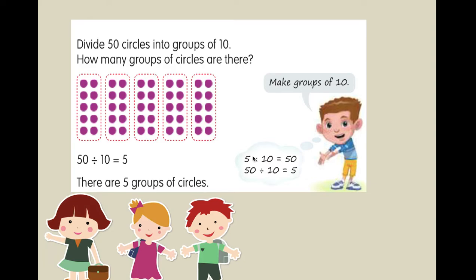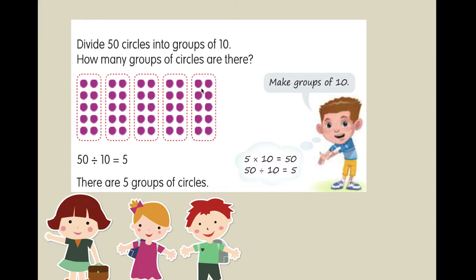You are going to first show adding and then sharing. That is, there are 5 groups, and in each group there are 10 circles. 1, 2, 3, 4, 5, 6, 7, 8, 9, 10. So there are 1, 2, 3, 4, 5 groups, and in each group you have 10 circles.